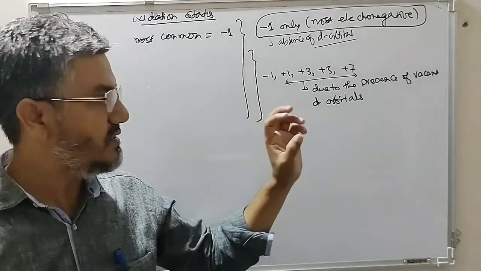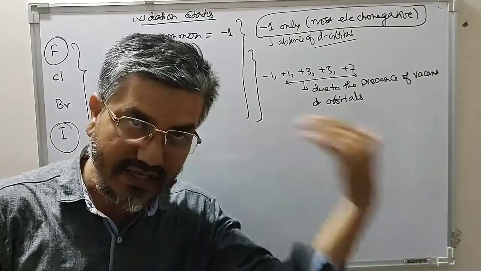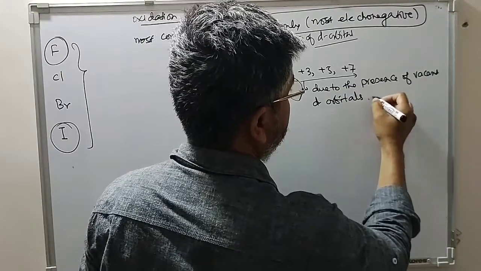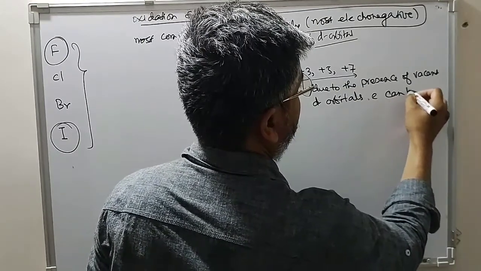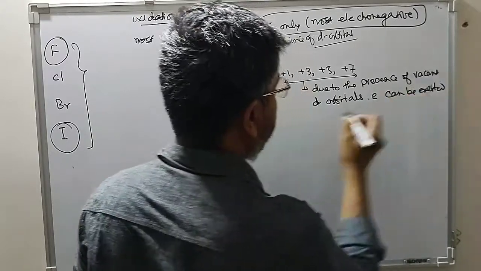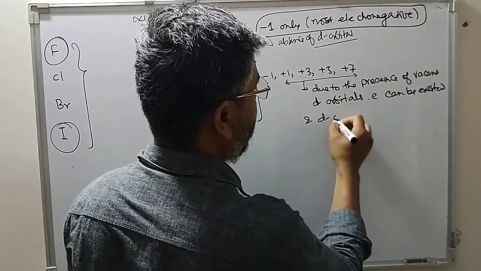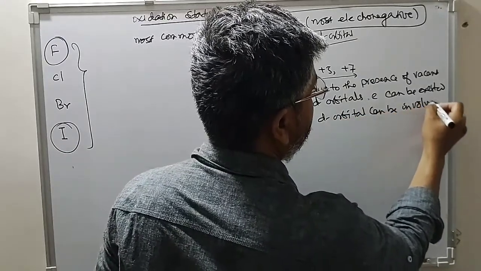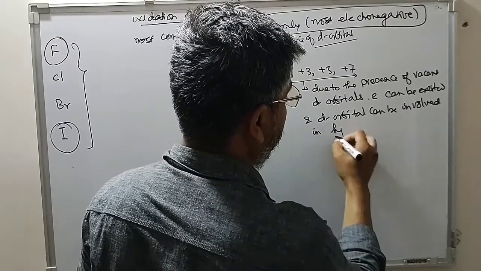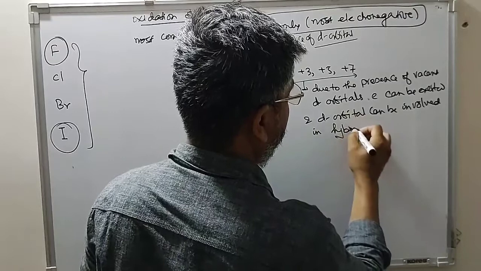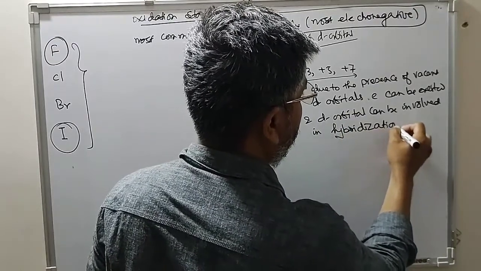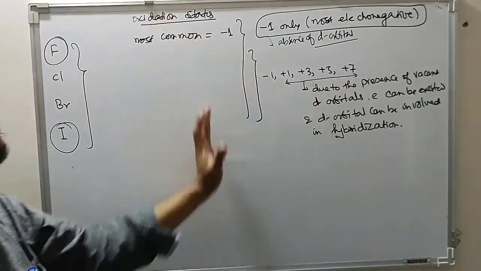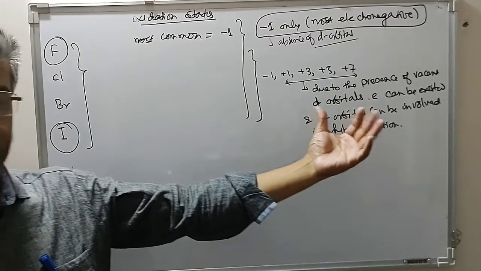This is due to the presence of vacant d orbitals; electrons can be excited and the d orbital can be involved in hybridization. So this is the positive oxidation state shown by these halogens.